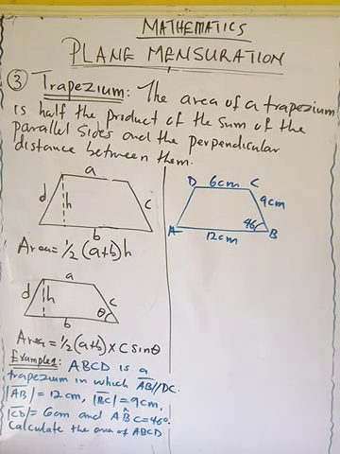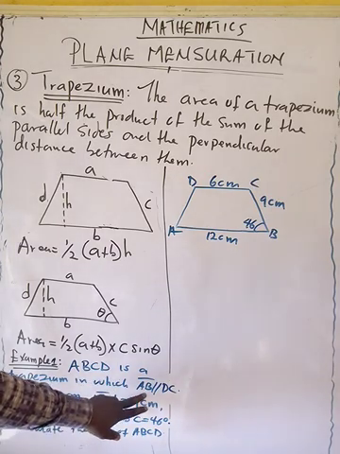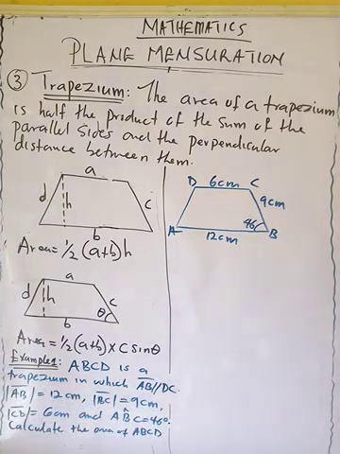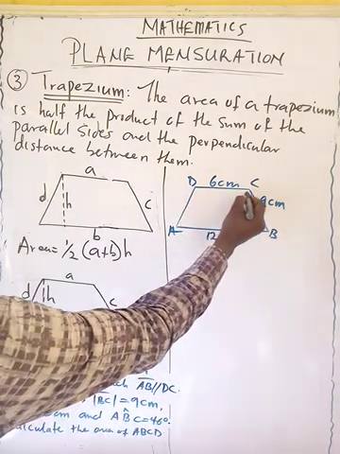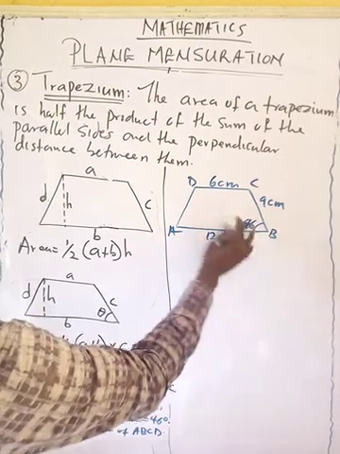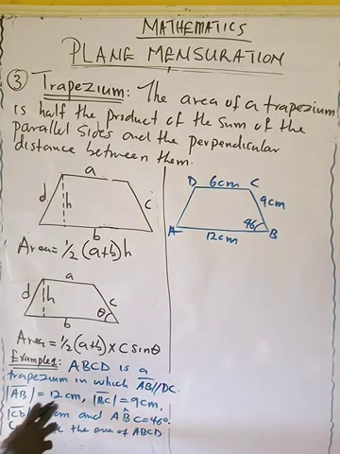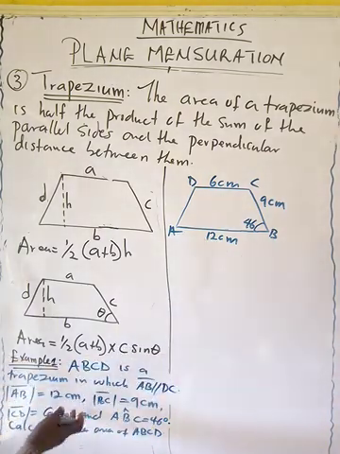Now see the question from here. ABCD is a trapezium in which line AB is parallel to DC. Line AB, this line AB here, is parallel to DC. Our AB equals 12 centimeter.